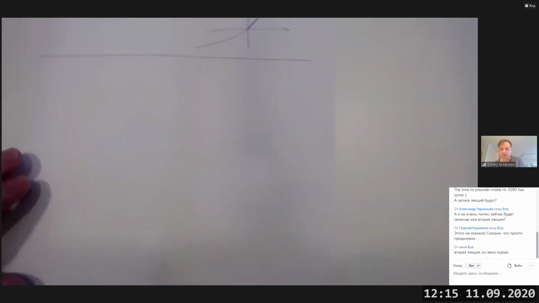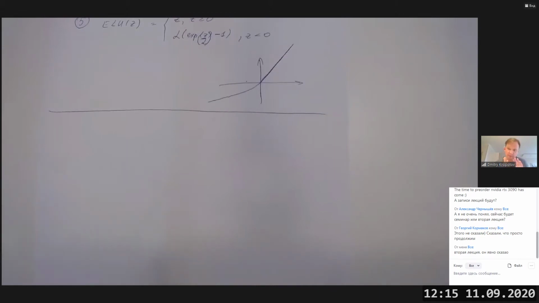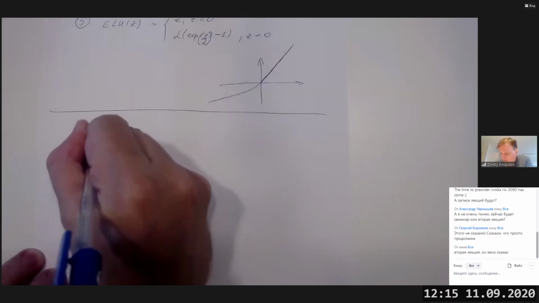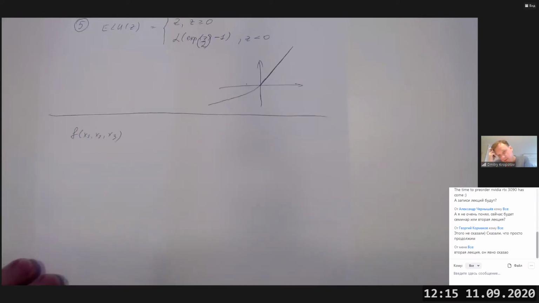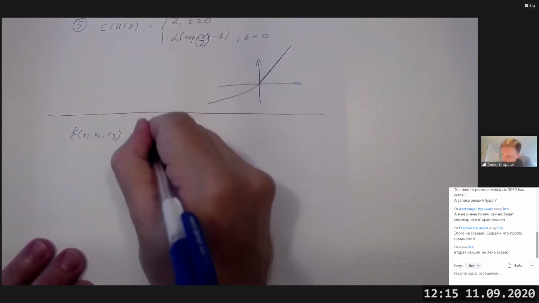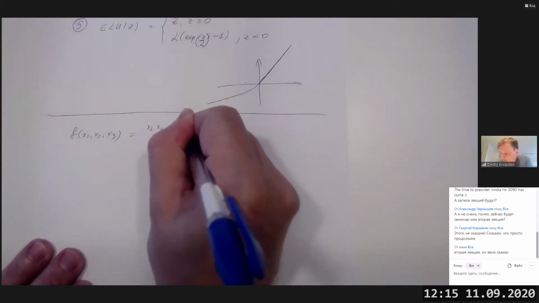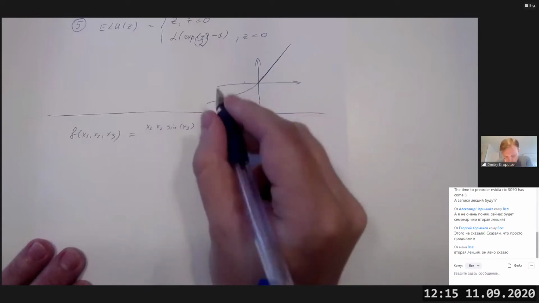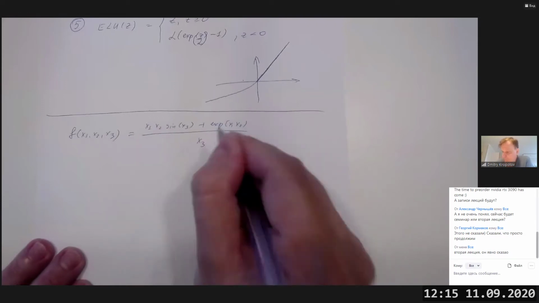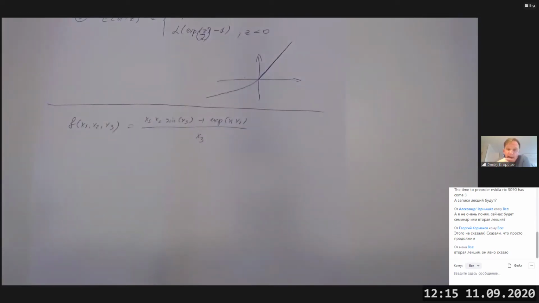So let's first reason about this problem from some general viewpoint. Let's take an example. Suppose that we have a three-dimensional function, the following three-dimensional function. And our question is the following.